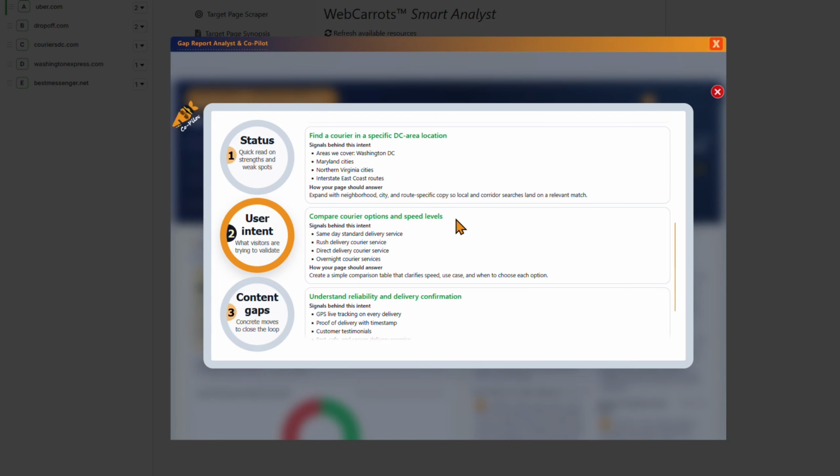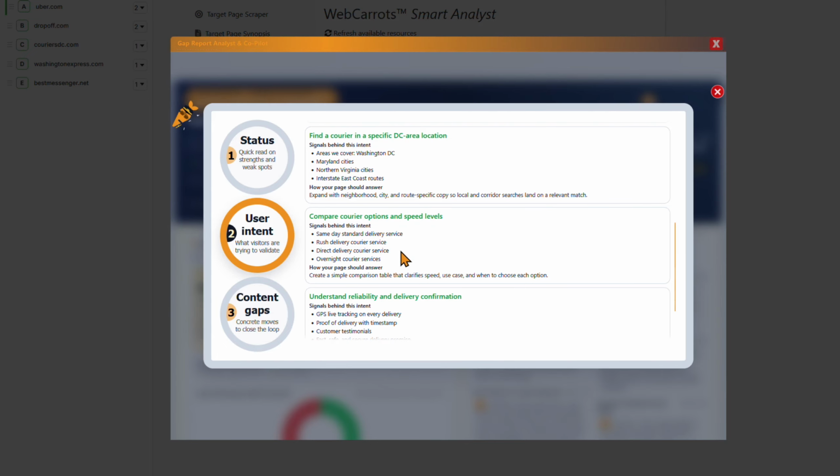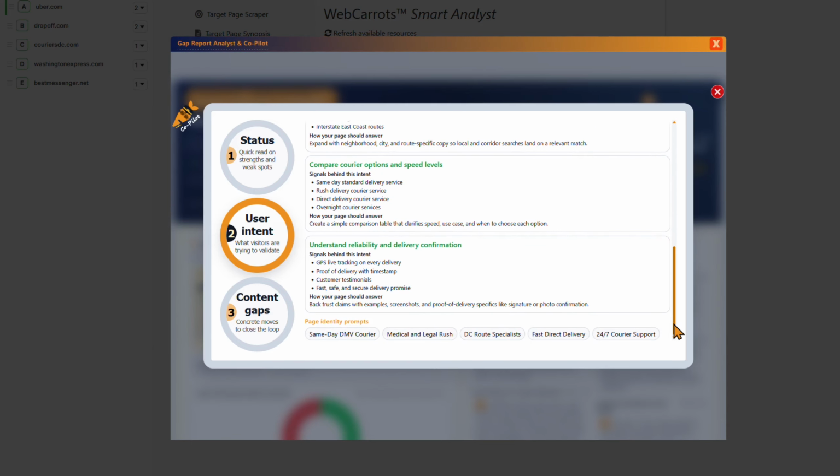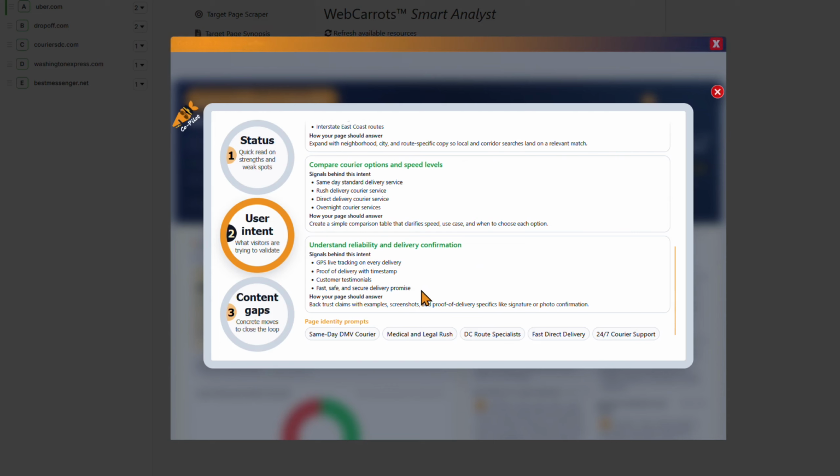Another intent may be comparing courier speed levels. If users see same-day, rush, direct, and overnight options, the page should include a simple comparison table explaining when to choose each one. Another intent may be reliability. If users care about tracking, proof of delivery, timestamps, signatures, photos, or testimonials, the page should support those claims with clear examples.